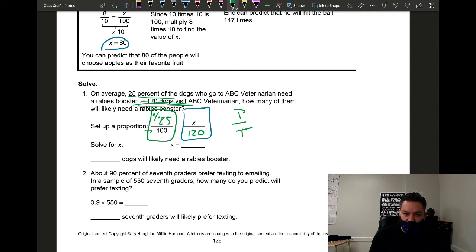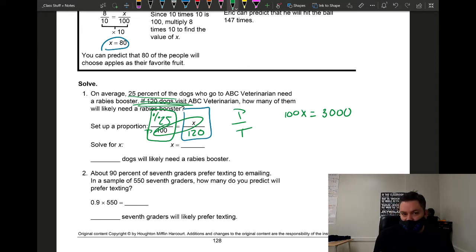So all you gotta do is solve for x. So we're gonna have 100x, when you do cross products, equals 120 times 25, which is 3,000. Now all you gotta do is divide by 100, or just move the decimal 2 places to the left.